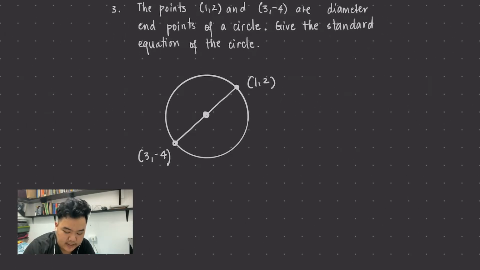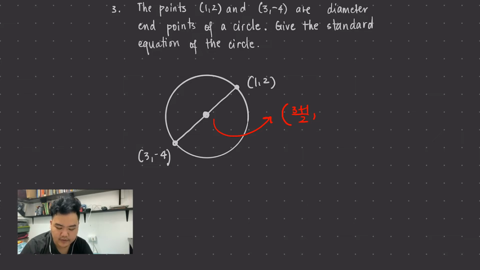We can easily find the center of the circle, which is the midpoint of these two points. And how do we get the midpoint of a line segment? The x-coordinate of the midpoint is the average of the x-coordinates of the endpoints. The y-coordinate of the midpoint is the average of the y-coordinates of the endpoints. So let us apply that. This one is the sum of these two divided by 2, 3 plus 1 over 2.